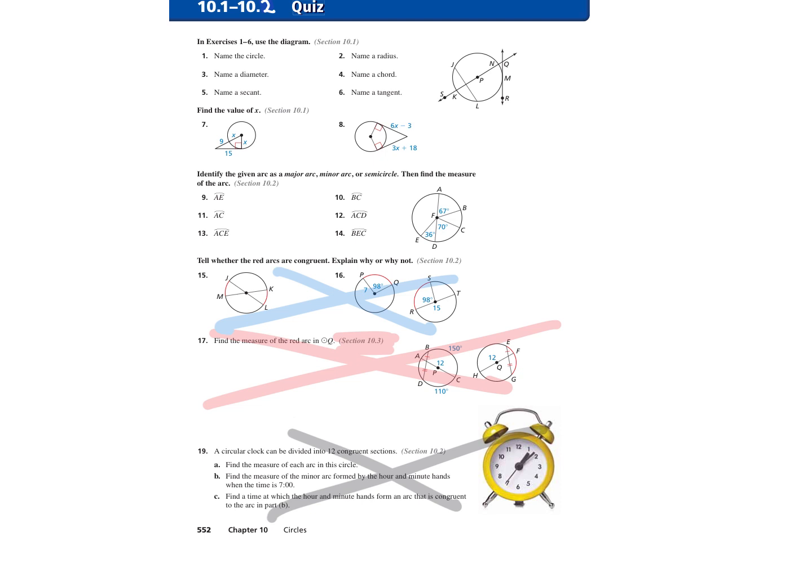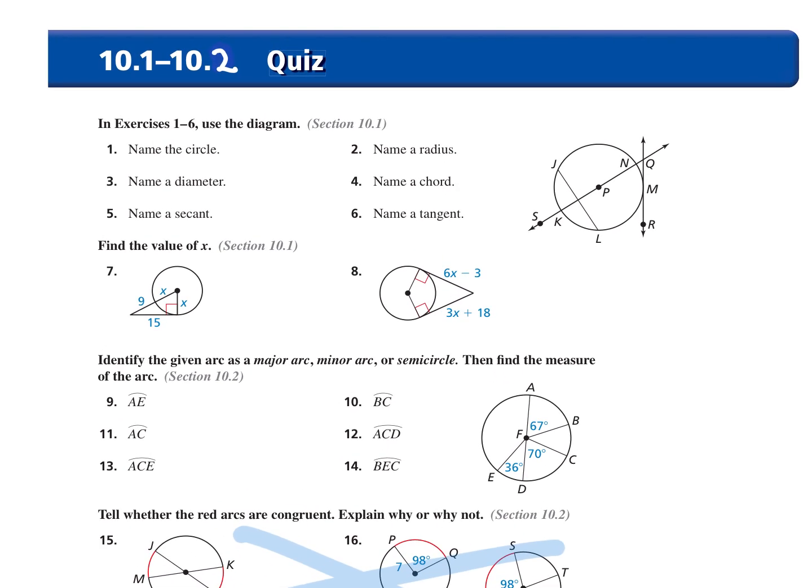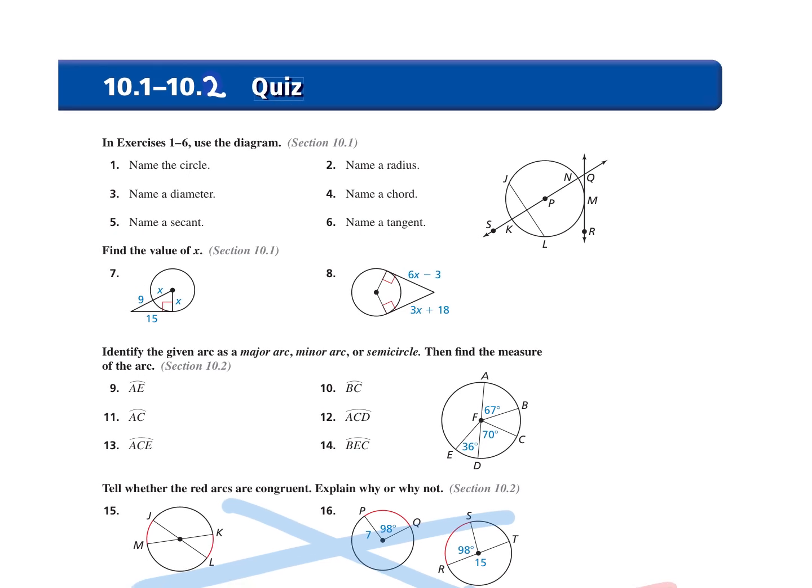Now, as far as questions 1 through 6, I'm going to ask you questions where you're going to have to identify the parts of the circle. However, instead of asking you to name a diameter, the way the questions are going to be asked tomorrow is, for example, I'm going to say, what is JL?